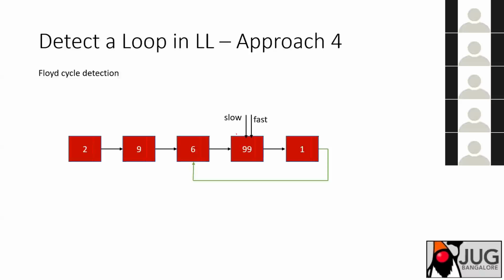In a loop, if you are moving pointers at any speed, they are expected to meet at a certain place. So this is how the loop will be detected. If both pointers meet at the same point in the linked list, it is considered to be a loop. So that is how this algorithm works.